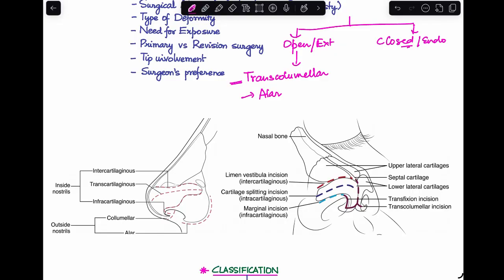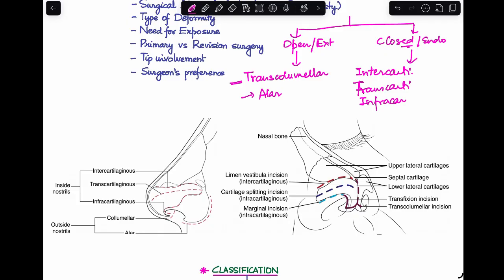Then we have the closed rhinoplasty or endonasal rhinoplasty, where all the incisions are given inside of the nose, and we are not giving any external incisions on the skin. So we have the intercartilaginous incision, the transcartilaginous incision, and the infracartilaginous incision.